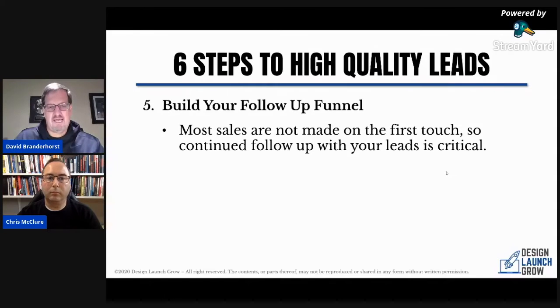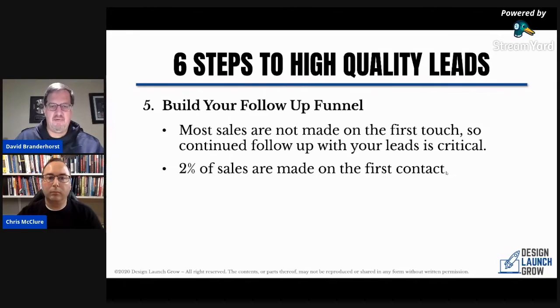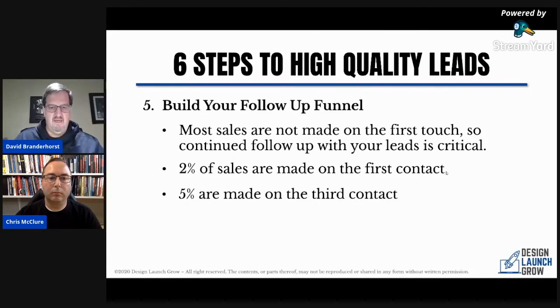And here's a few stats for you to emphasize that point. Typically, about 2% of sales are made on the first contact. So think about this. If you did a recorded webinar and sent a bunch of people to it, and only 2% of the people that went through actually bought what you were offering, you would say, yes, that's about normal. 5% are made on the third contact.